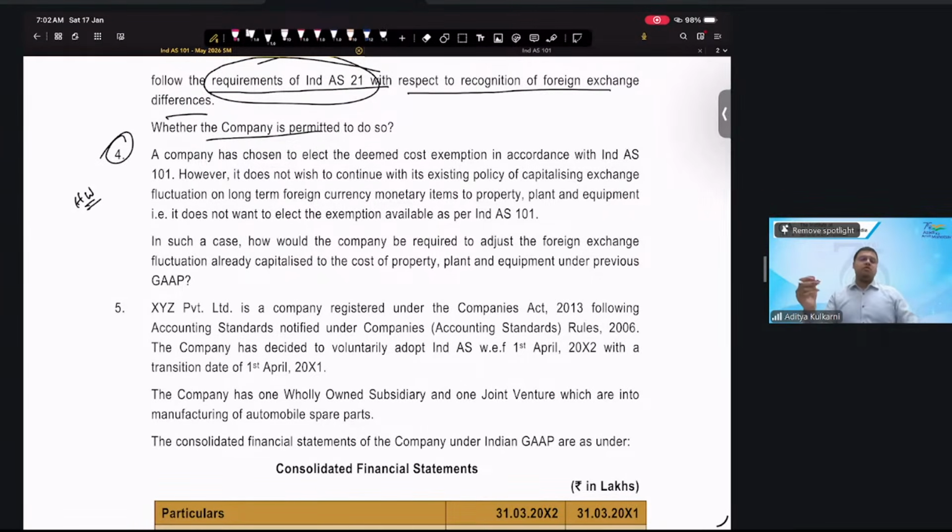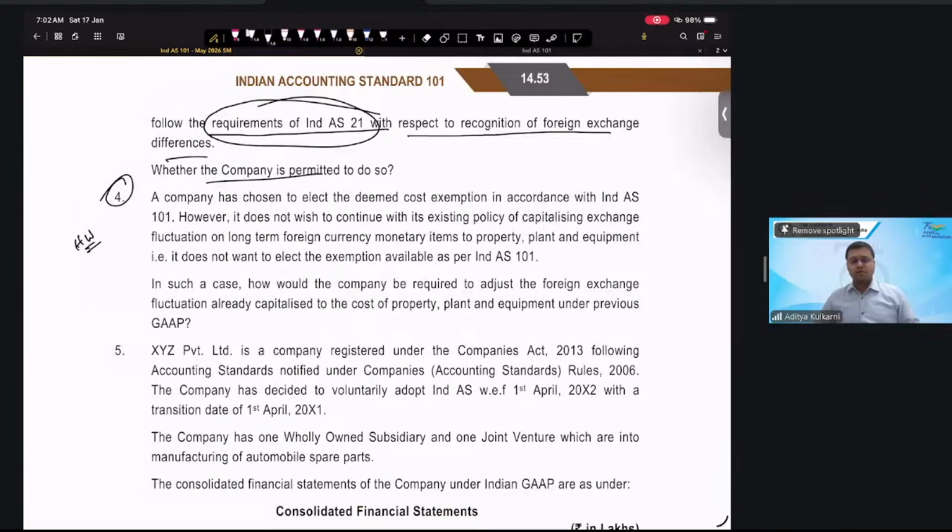So this was the broad treatment that we had seen. Question number 4 of your study material marries both of them. Let us look at how the question pans out. A company has chosen to elect the deemed cost exemption in line with Ind AS 101. So whatever is the previous GAAP value, it wants to bring that into the converged Ind AS financials.